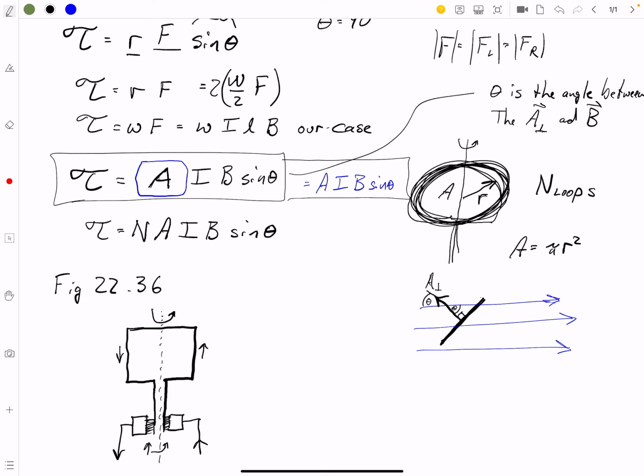And so the current is always flowing up on the right and down on the left. And that's how a motor works. And then that provides us our torque.